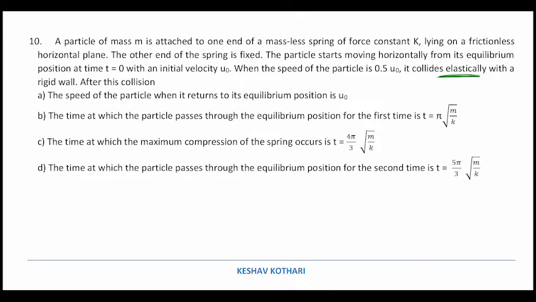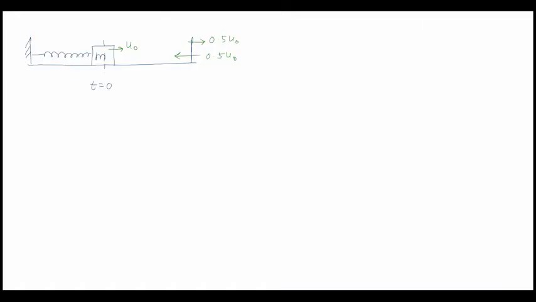So if the collision is perfectly elastic, the particle will rebound with the same velocity. The next thing we can discuss is applying energy conservation to calculate how far from the mean position, or the equilibrium position, the collision actually happened.